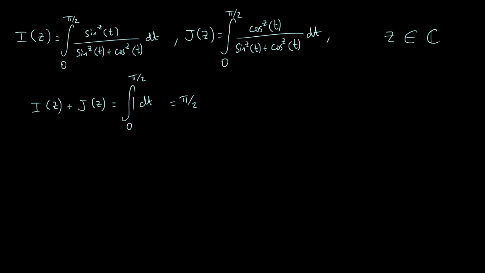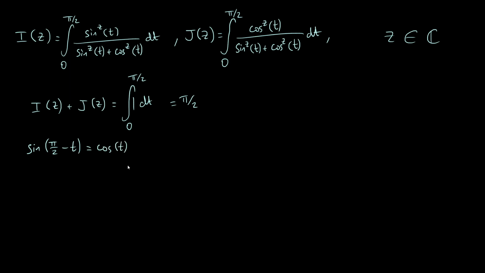Okay, so the reason this is useful is because there's actually a nice relationship between I and J, and you can kind of get a sense that there probably is a nice relationship because sine and cos are very similar functions, right? They're just phase-shifted versions of each other. In particular, I would like to make use of the following relationship, which is sine of pi over 2 minus t is equal to cos of t.